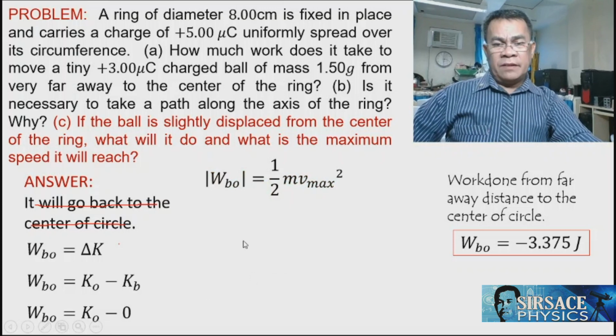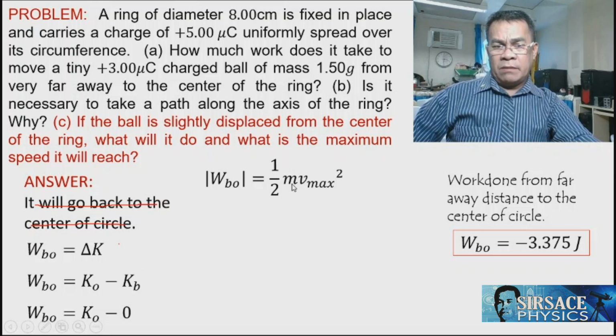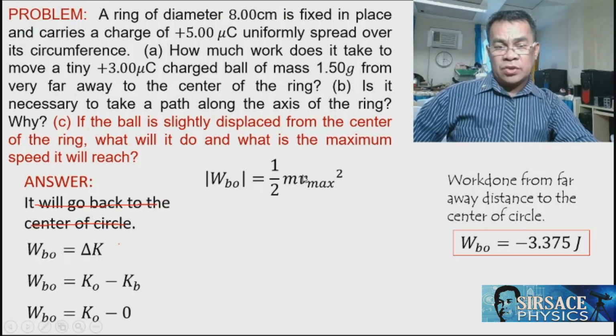Substituting, what is the definition of K? It is one half mv squared, multiplying the mass of that charge, which is 1.5 grams, by the square of the velocity. Take note, this should be maximum. Our work done is negative, so take the absolute value, because we want the magnitude of the velocity.